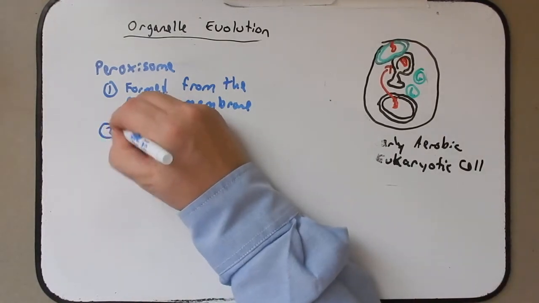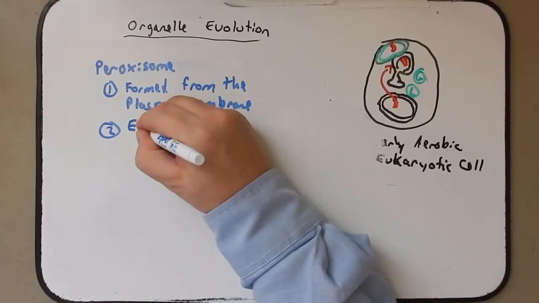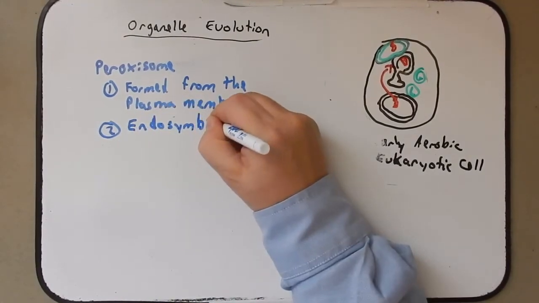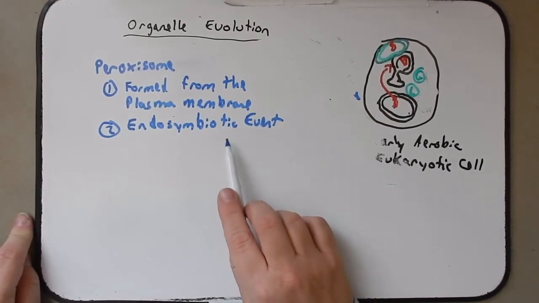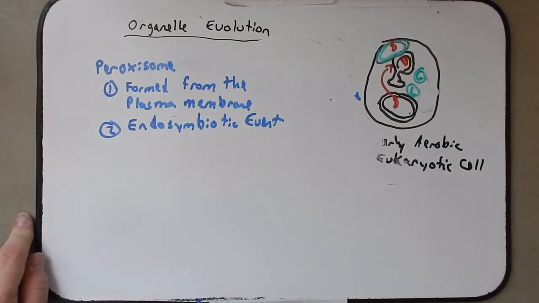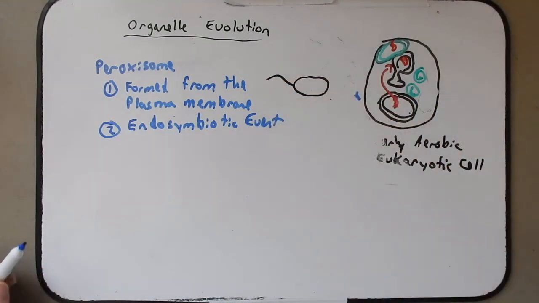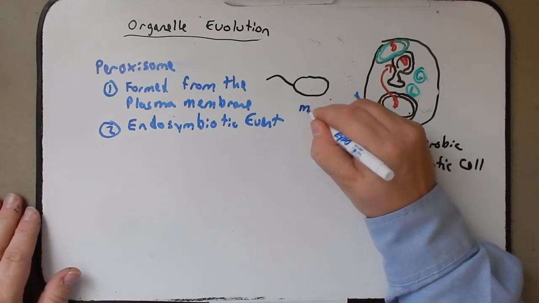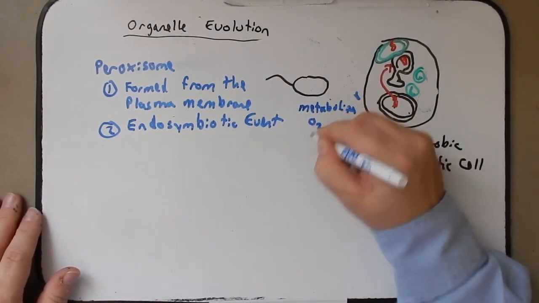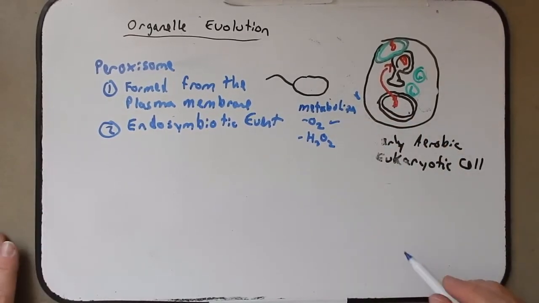Another interesting idea is that the peroxisome was also involved in an endosymbiotic event. So let's talk about this proposed endosymbiotic event for peroxisome evolution. In this idea, there would have been a primitive bacterial cell that had the ability to metabolize oxygen and hydrogen peroxide, but primarily oxygen.